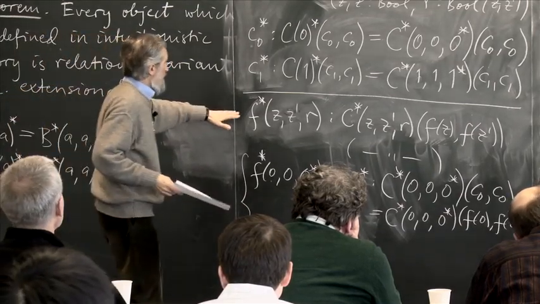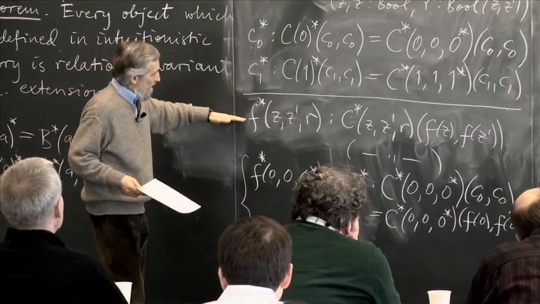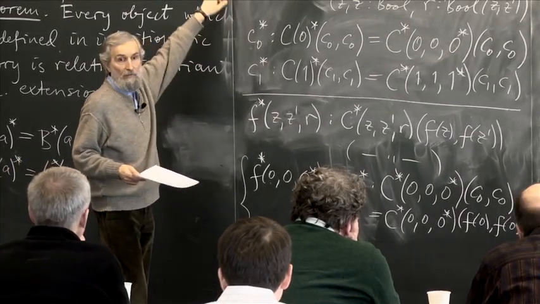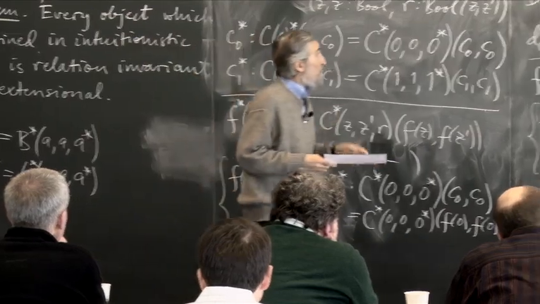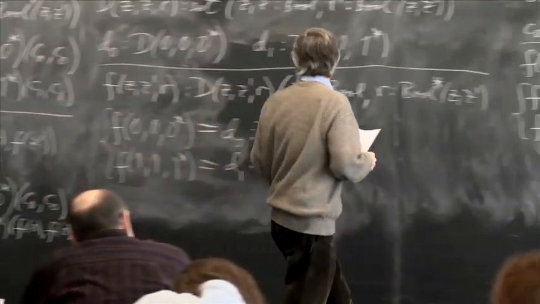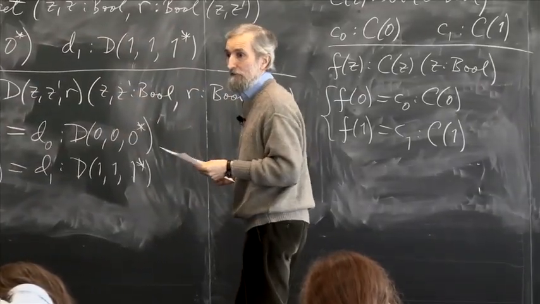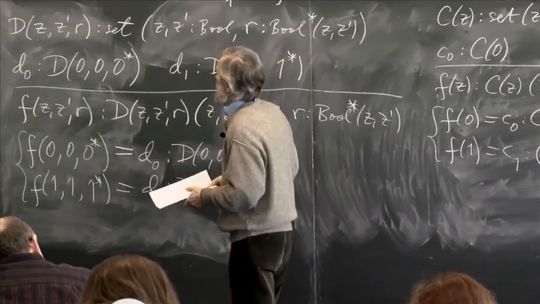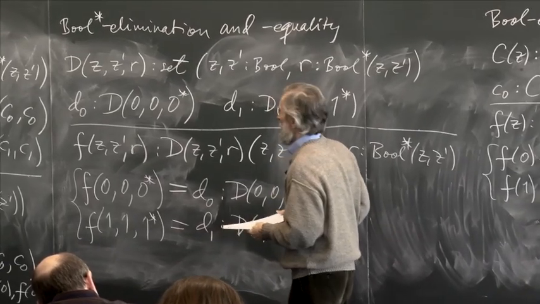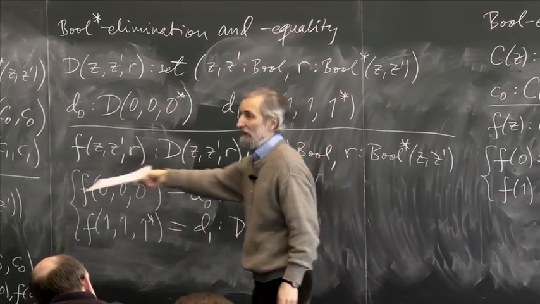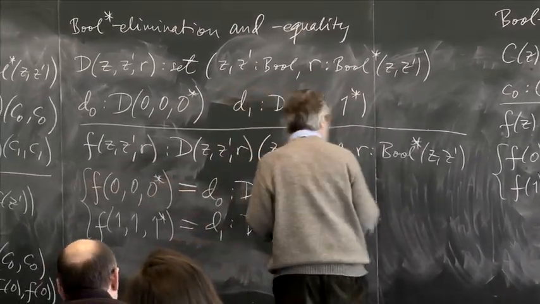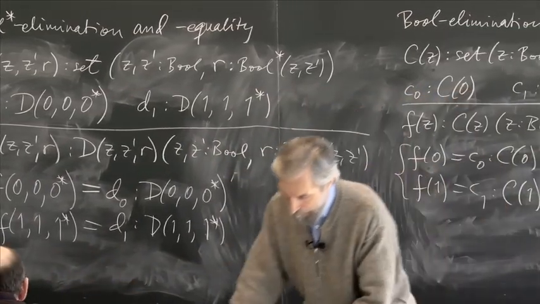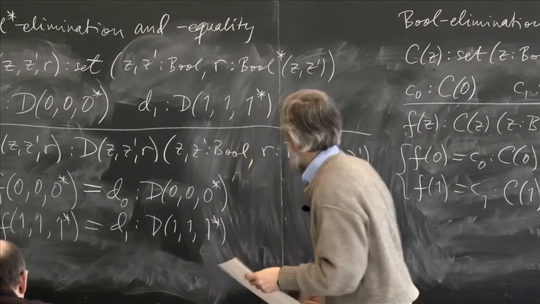So we have to get these conclusions from the premises that we have here. And fortunately, we have some means for it, because we have these rules of Boole star elimination and Boole star equality. They don't say exactly this, but fortunately, they have them as a corollary.